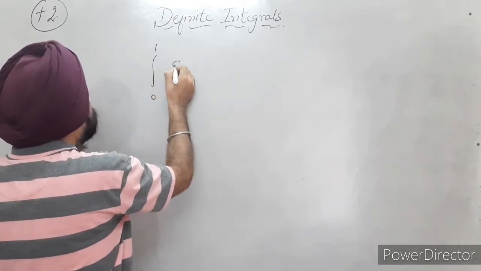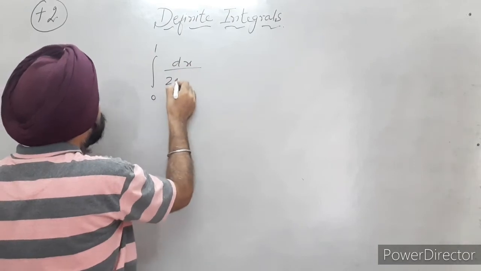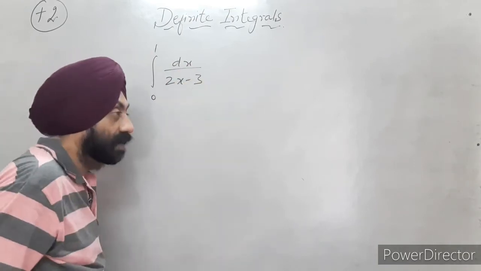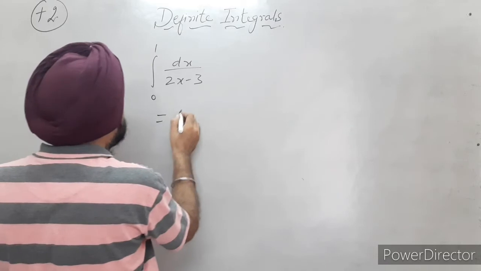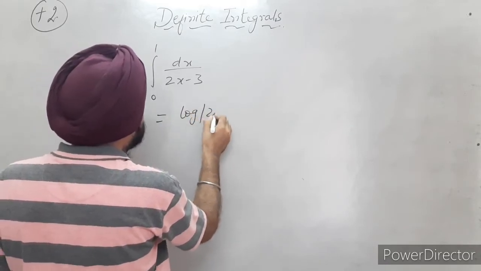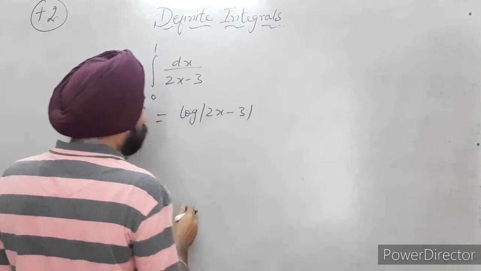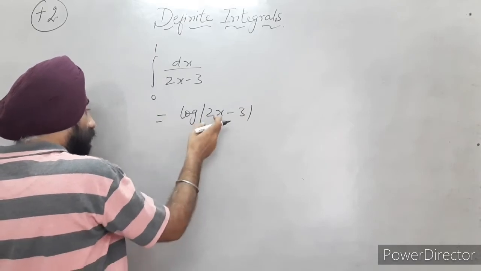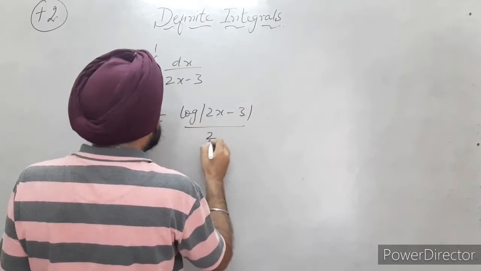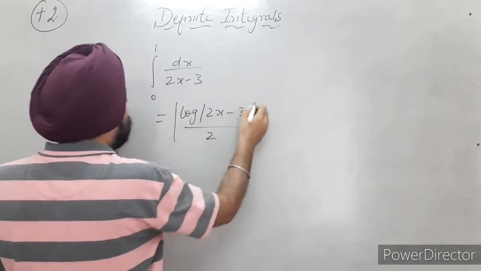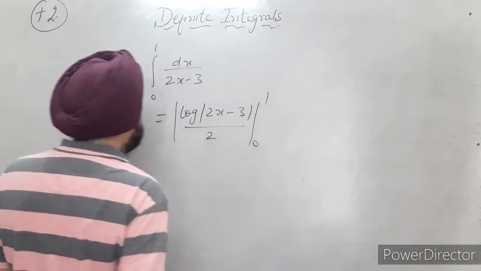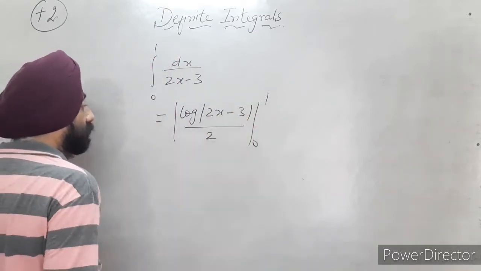For example, integral 0 to 1 dx by 2x minus 3. Now I should know that this is log of this 2x minus 3, and the coefficient of x is 2, right? Then limits are 0 to 1. We don't put constant of integration in it.